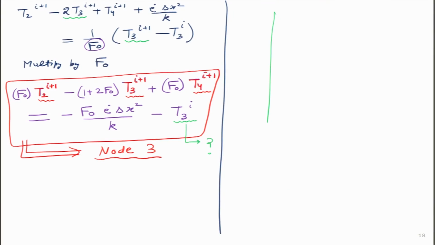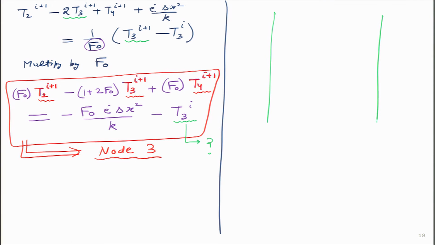If I can show it graphically over here, I am actually marching ahead in time in order to solve this, which means initially let me assume my whole wall was at 10 degrees temperature. These are of course node 1 to node 5. So, this is node 1, node 2, node 3, node 4, node 5, and I start heating them from both sides. You remember earlier we used to draw it like this straight line.